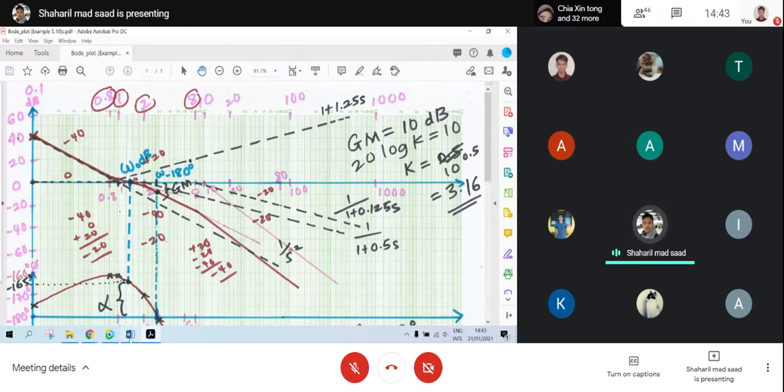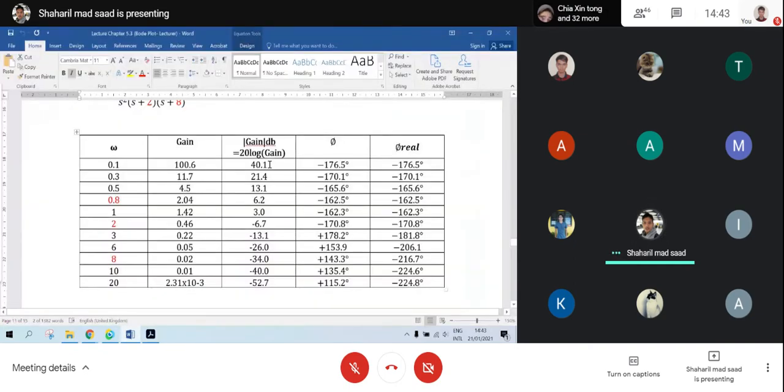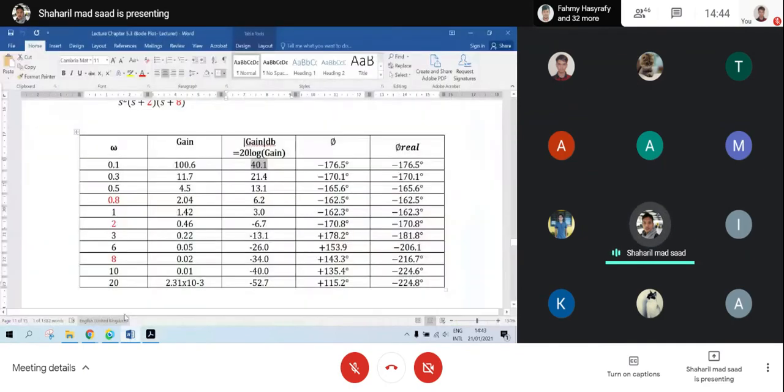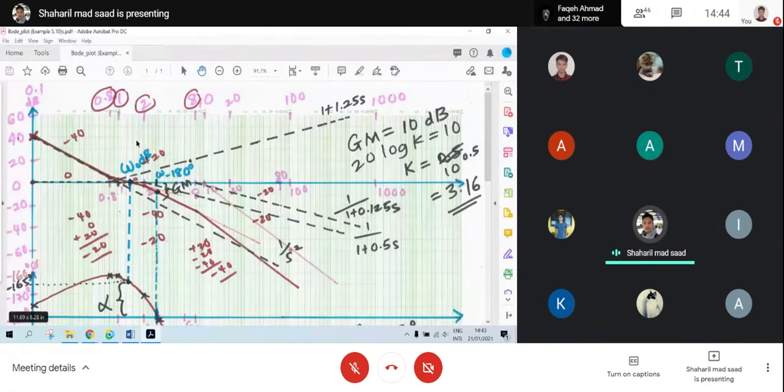So you cross it, make it one point, and then at 0.3, the value is 21.4, so you make it another point. Then you can draw, and make another point, and draw straight away. That is the first method.